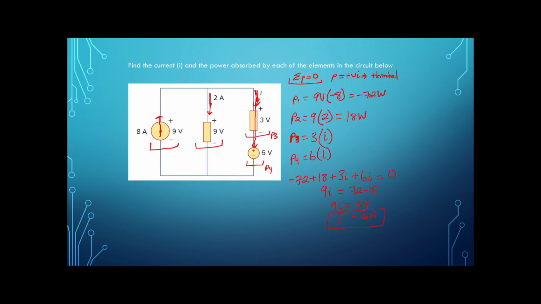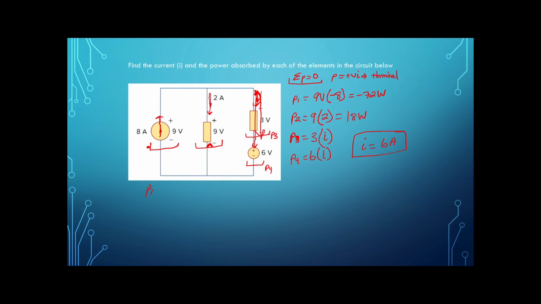So we have found the current I flowing through this part of the circuit. Now we're asked to find the power absorbed by each of the elements in the circuit. We've already found P1 and P2, so now we just need to substitute the value we got for I into the equations P3 and P4.